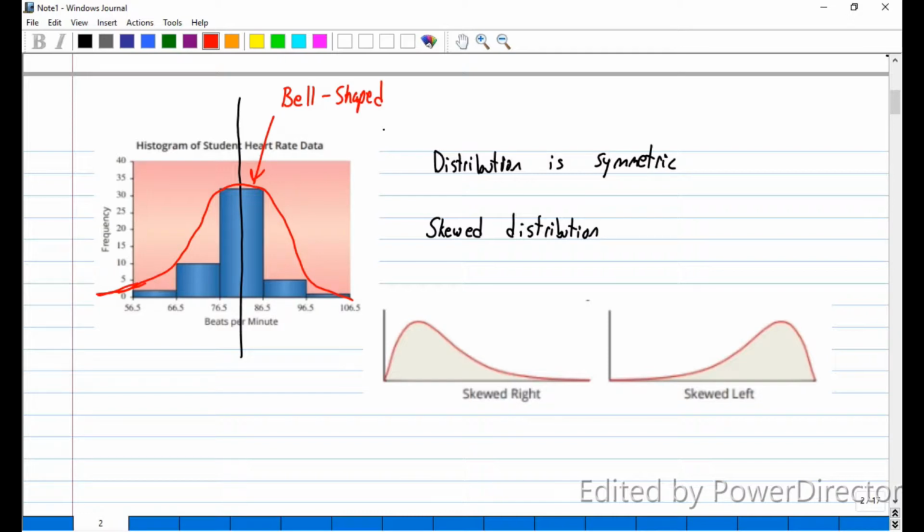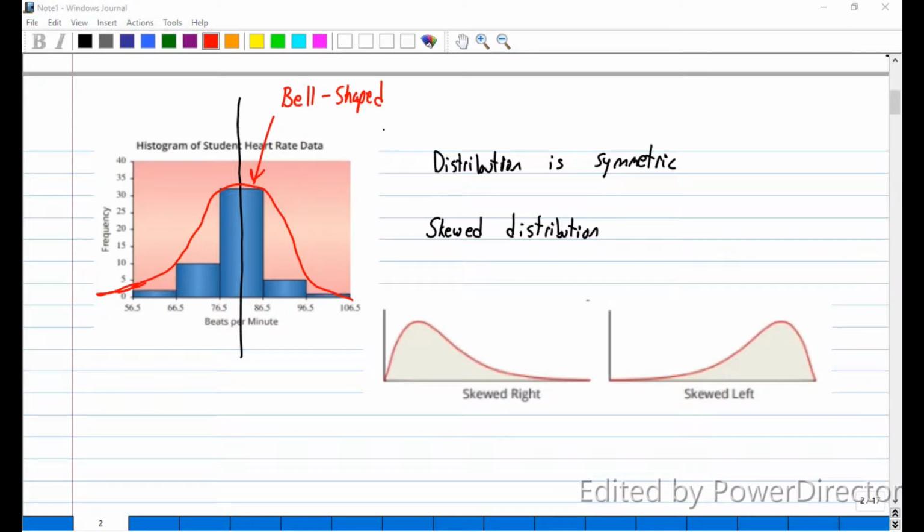So, if you've had any type of statistics that goes into looking at probabilities, then you've probably heard bell-shaped or a normal distribution or something like that. But not trying to throw too much on you at once. If it kind of looks like it's the same on both sides, that's bell-shaped or normally distributed. I don't think your book even says that yet, so don't worry about it.